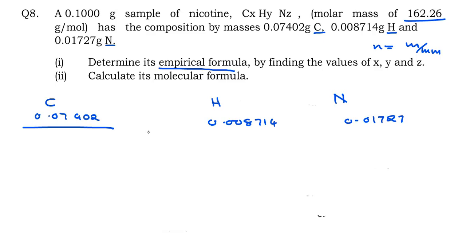The atomic mass of carbon, when you go to your periodic table, is 12.01. For hydrogen we have 1.008, and for nitrogen we have 14.01.